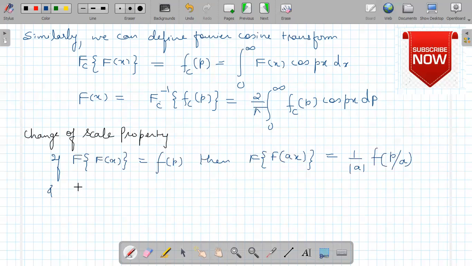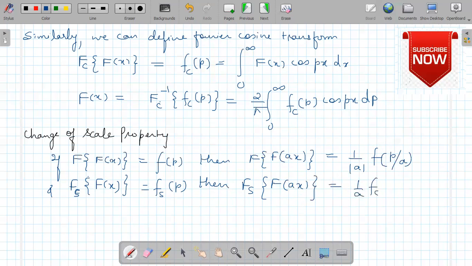And if we are given the Fourier sine transform of any function f(x), denoted by Fs(p), then the Fourier sine transform of f(ax) is equal to 1 upon a Fs(p upon a).